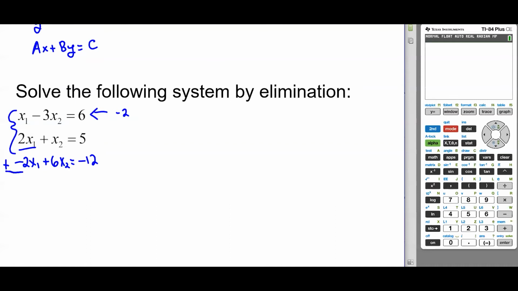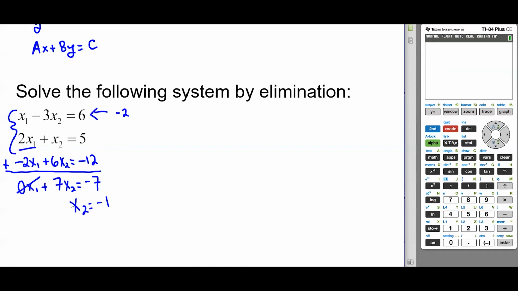You make your little addition problem, and we add these like they're columns, right? So -2x1 minus 2x1, that's 0x1. And then x2 plus 6x2, that would be 7x sub 2. And 5 minus 12 is -7. So we've eliminated the x1 variable, and we can solve for x2. And if we divide by 7, we get -1.